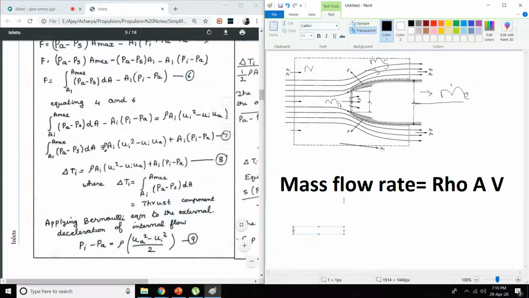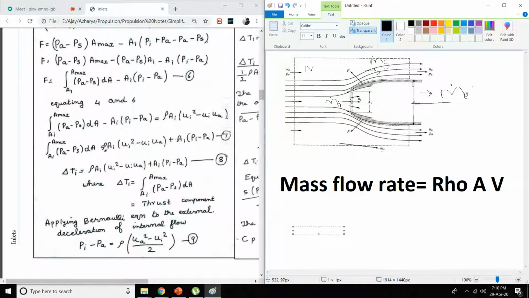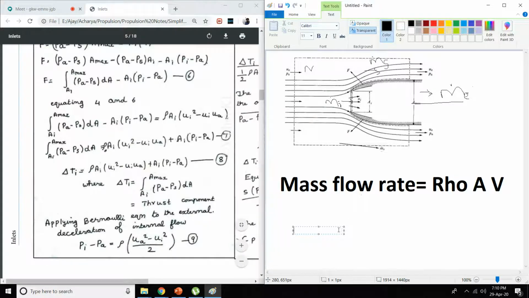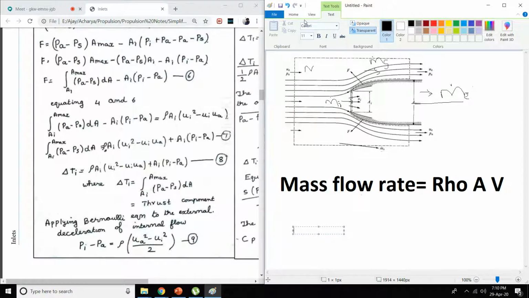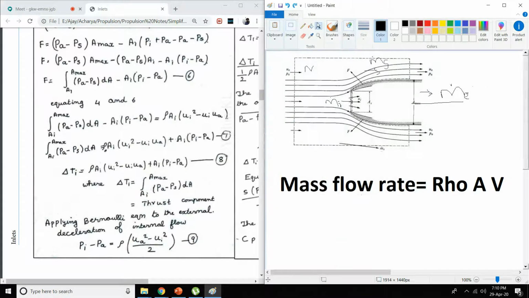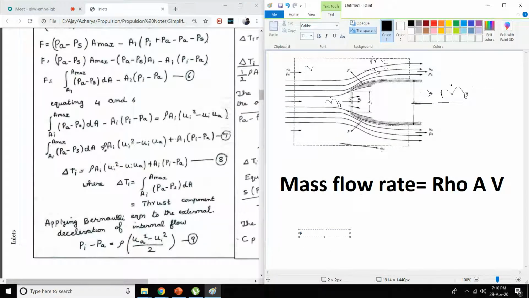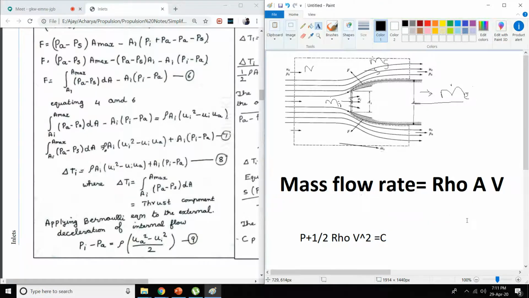So your Bernoulli's equation is P plus half, I'll just take it as 1 by 2, rho V square is equal to C. So this is your Bernoulli's equation.